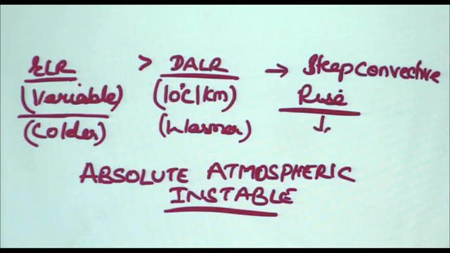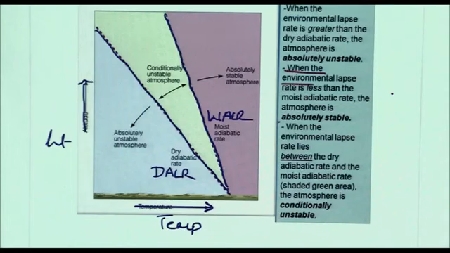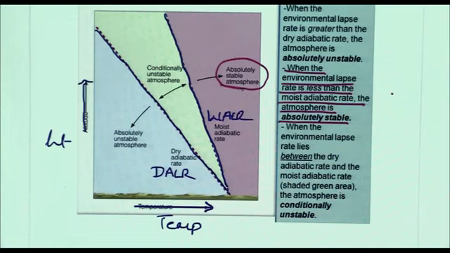Going to this diagram again. When the environmental lapse rate is less than moist adiabatic lapse rate, atmosphere is absolutely stable. So atmosphere is absolutely stable when the environmental lapse rate is less than moist or wet adiabatic lapse rate.